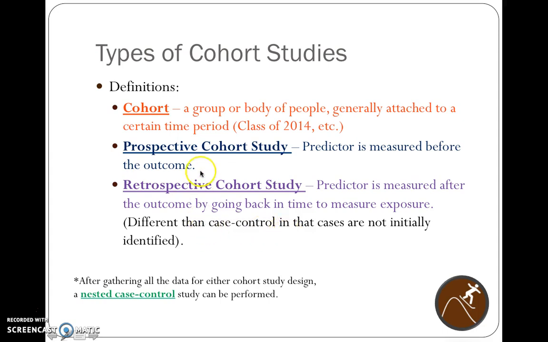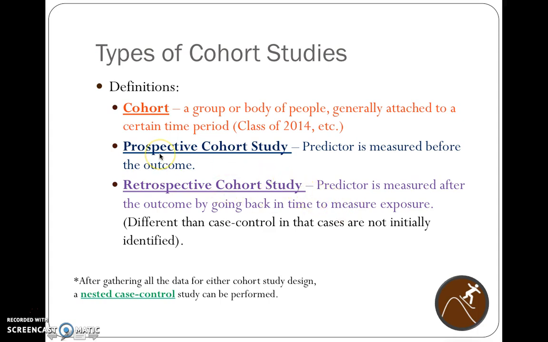This is the prospective. In a retrospective design, we need to know when they were healthy at time 0 at the beginning of our time clock, and then we might figure out something about their exposure through records, and then know when they actually got sick or when they had the outcome of interest.